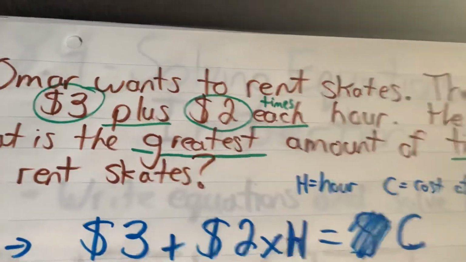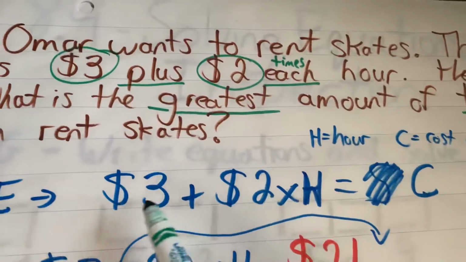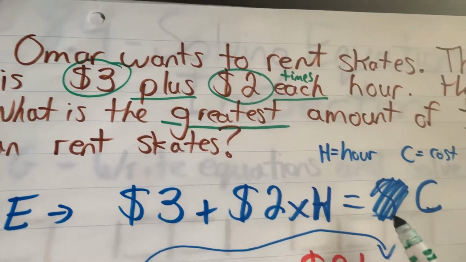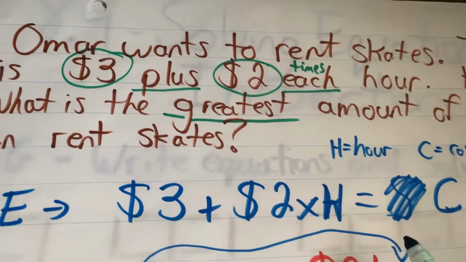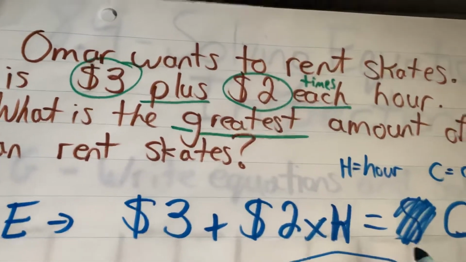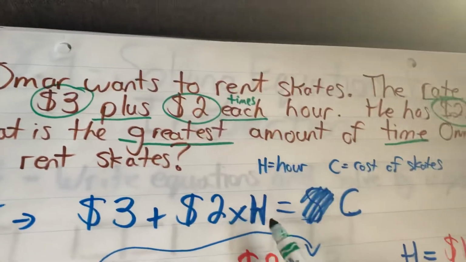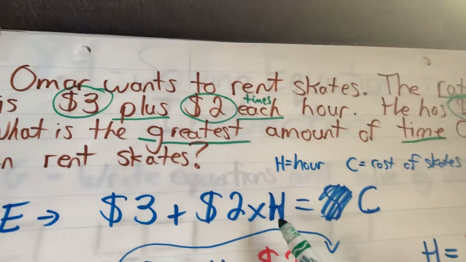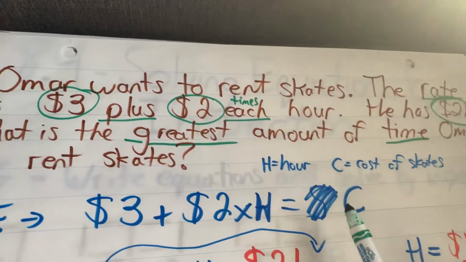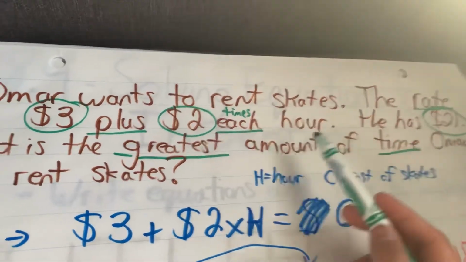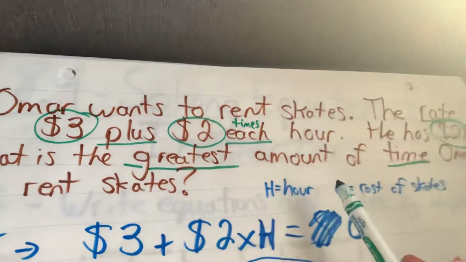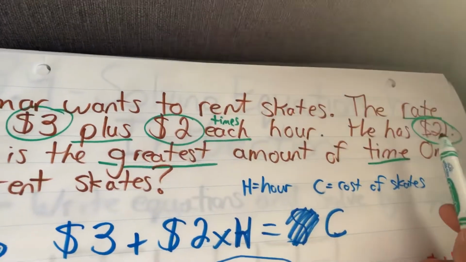Now, what does this have to do with Omar? Well, let's take this algebraic expression and let's put in what we know. So in this case here, the greatest amount of time is what we're trying to find out, so that's H. We don't know what H is, but we do know the cost. We know the cost because I've used my 3 and I've used my 2, but now I can use my 21. Why am I using 21?